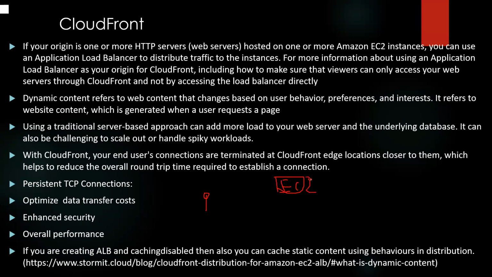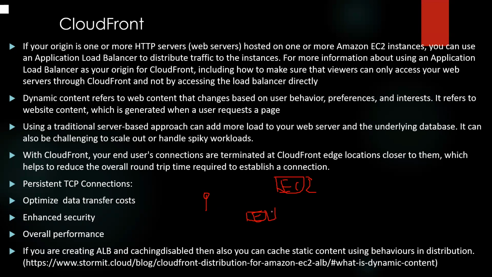And what I am doing is dynamic caching. In the case of dynamic caching, I have an edge location. This is my edge location, you can say it's EL1, edge location 1. So it is reading the data from EC2, and why do I need dynamic caching in that case?